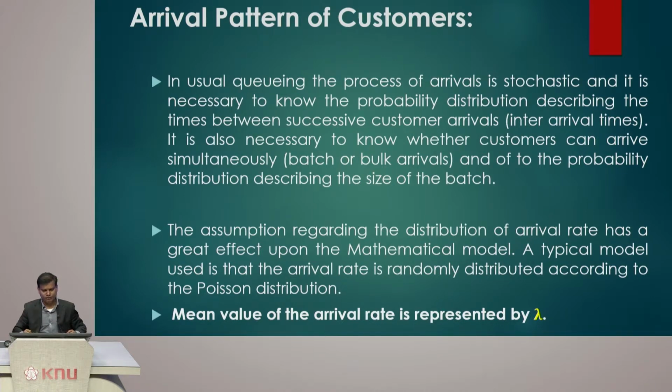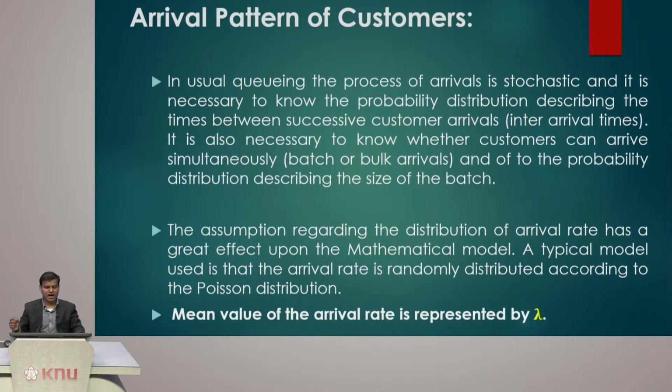In the usual queuing process, arrival is stochastic, and it is necessary to know the probability distribution describing the time between successive customers, or inter-arrival time. It basically means that, let's say as an example, in a store, the number of customers coming into the store is, say, 5 per minute.